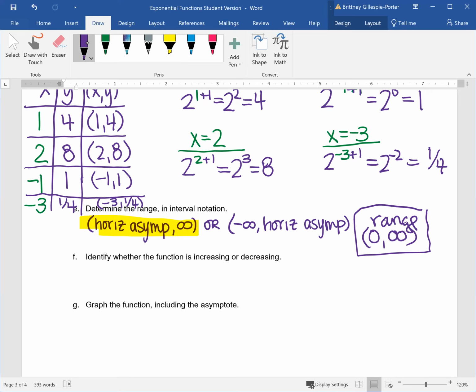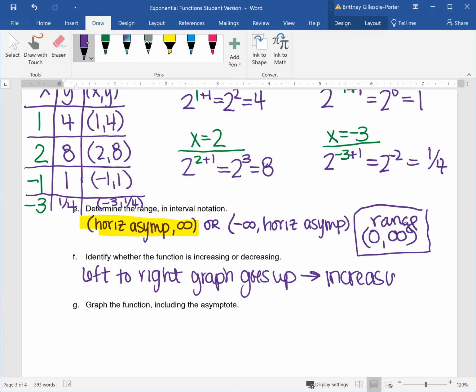When we went from left to right, graph goes up. And because the graph goes up, our function is increasing. You need to be able to explain how you know it is increasing or decreasing. And we already graphed the function, including the asymptote.